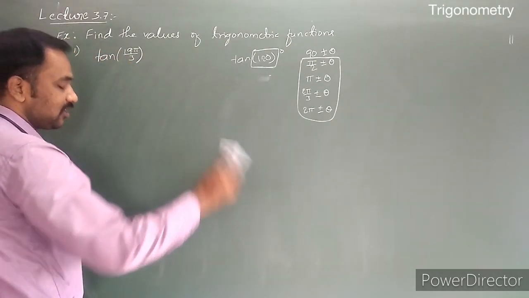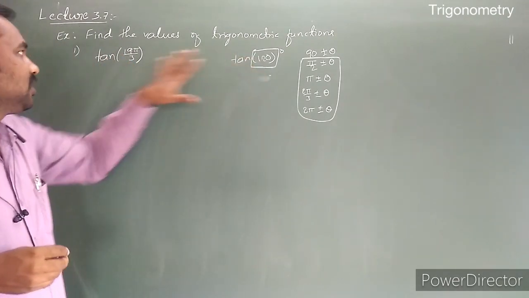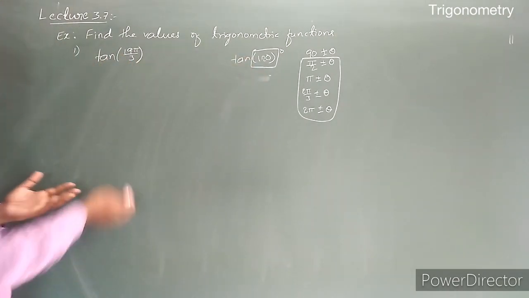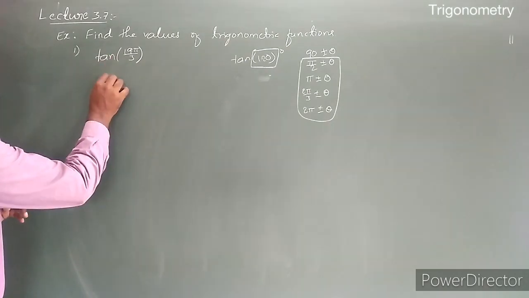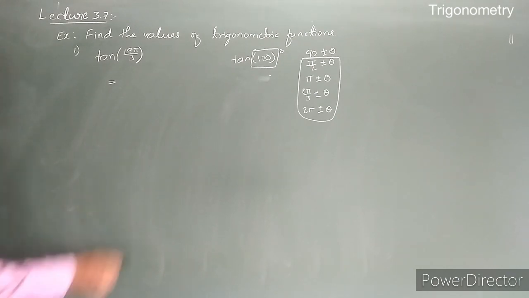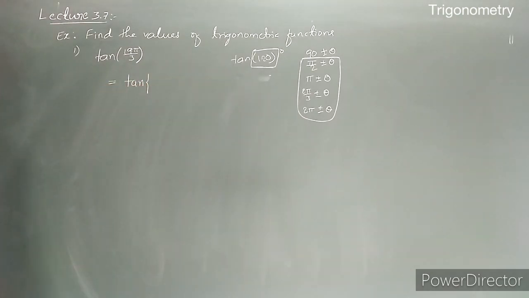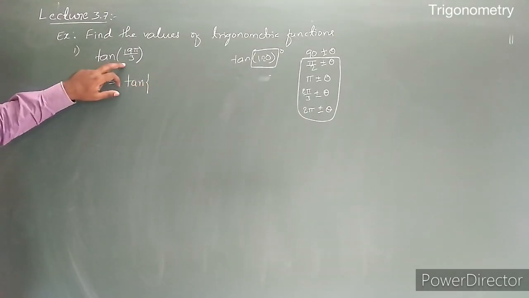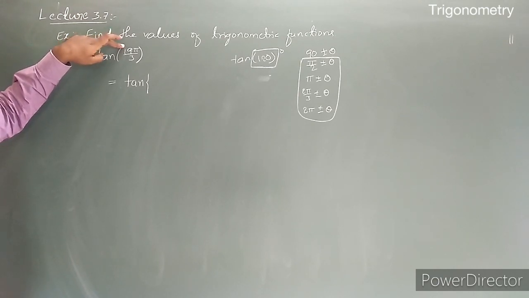Now, either we can convert into degree measure and then find the required angle, or else as usual in radian measure also we can split it. How to split in terms of radian measure? Tan is fixed as this tan. Here 19 pi by 3. 19 is not a multiple of 3.